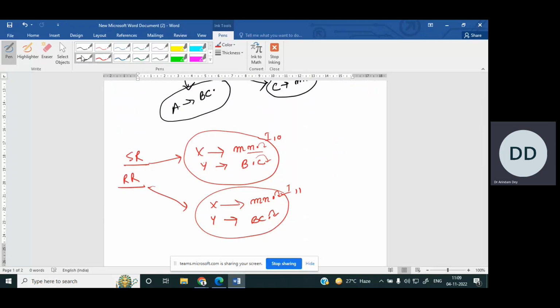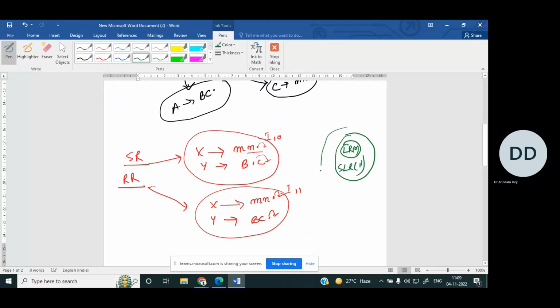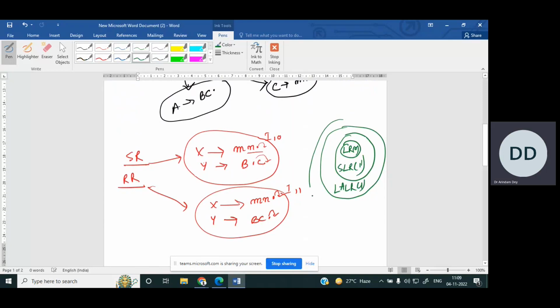If you can recall, I said in my last video that the LR0 was the smallest set. This was the LR0. Above the LR0, it was SLR1. Correct? Above that, it was LALR. Above that, it was CLR1.